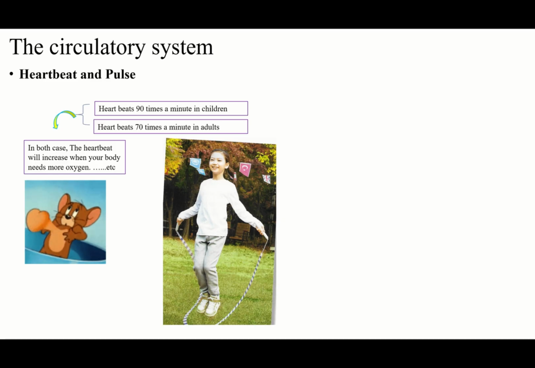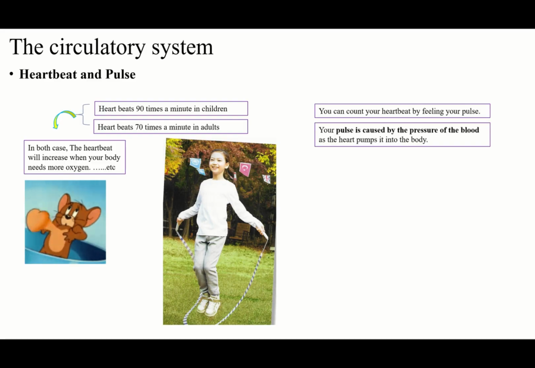That's why it's going to beat faster to provide more oxygen. So that's what happens to the heartbeat during exercising. When you exercise, your heartbeat will be faster. Why? Because it's going to send more blood. What do we have inside this blood? We have oxygen. It means our muscles need more oxygen because they are moving, they are working, they are exercising.